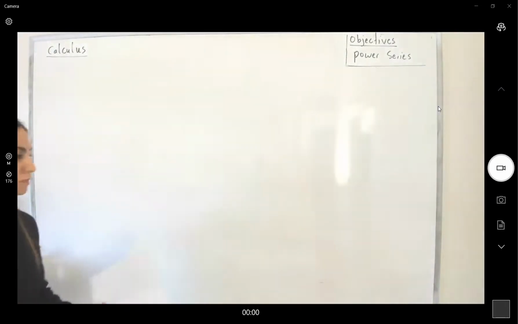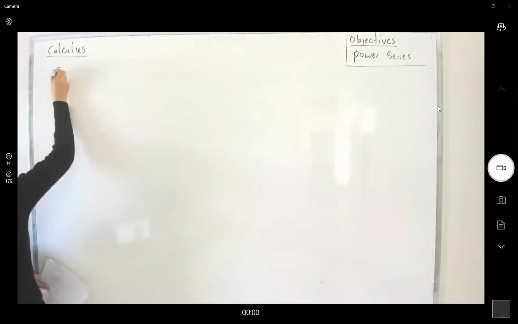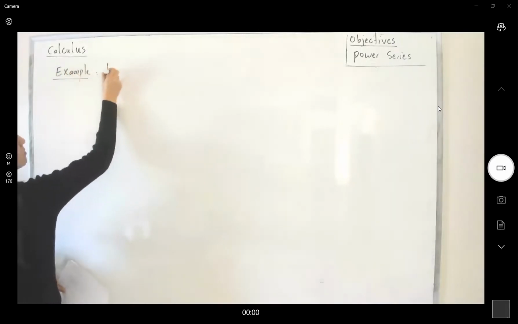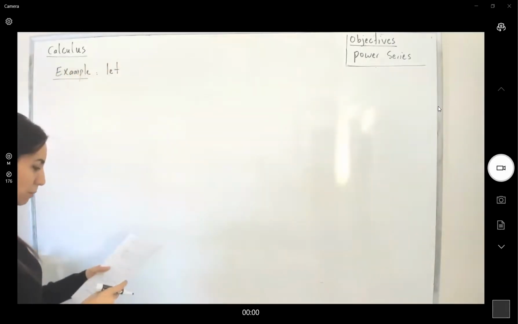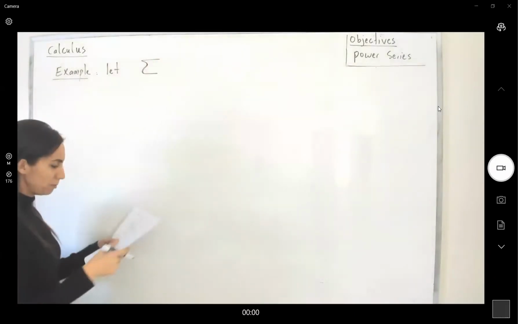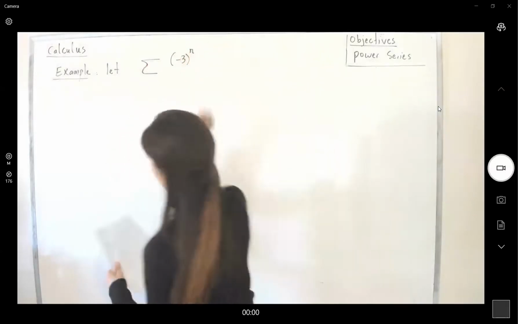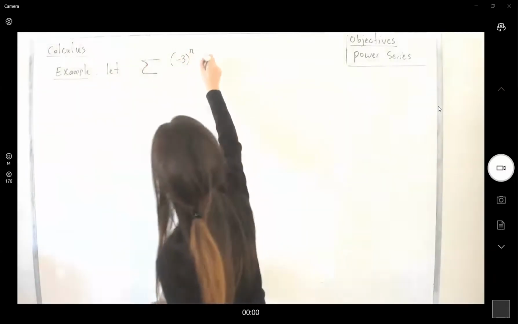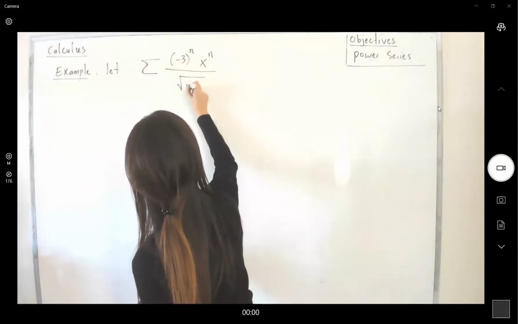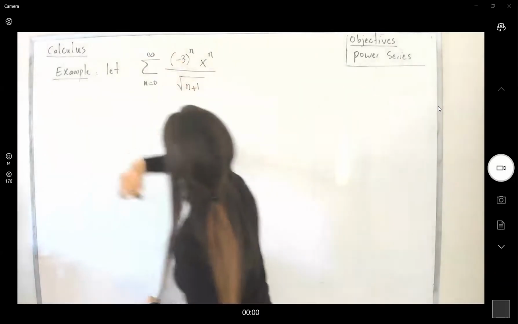Okay, here's defining a new power series. Example. Let our power series be defined this way: the sum of negative 3 to the power n times x to the n divided by square root of n plus 1, and starts from 0, goes to infinity.